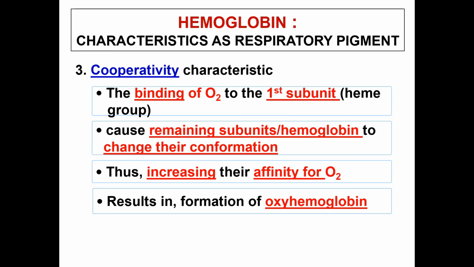Sama macam ni, cuma dia menyebabkan tiga lagi subunit akan lebih mudah untuk mengikat oksigen yang lain. Jadi the binding of the oxygen to the hemoglobin causes the other 3 subunit to change their conformation, so they can easily bind to another 3 oxygen. So all of the polypeptide chain in the hemoglobin will form oxyhemoglobin.